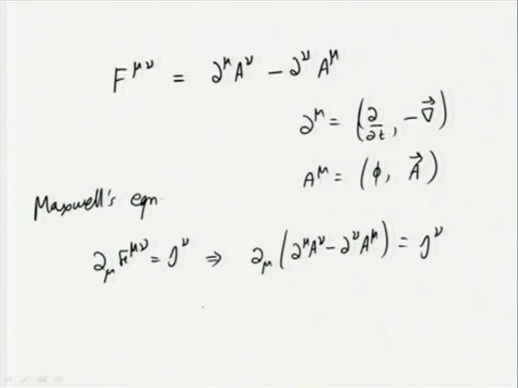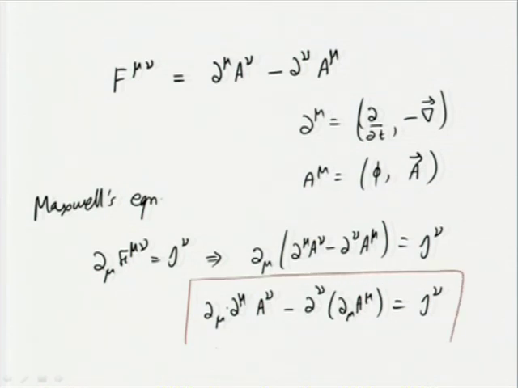This is nothing but ∂_μ acting on ∂^μ A^ν minus ∂^ν acting on ∂_μ A^μ equal to j^ν. So, the Maxwell's equation written in terms of the potential in general looks like this.